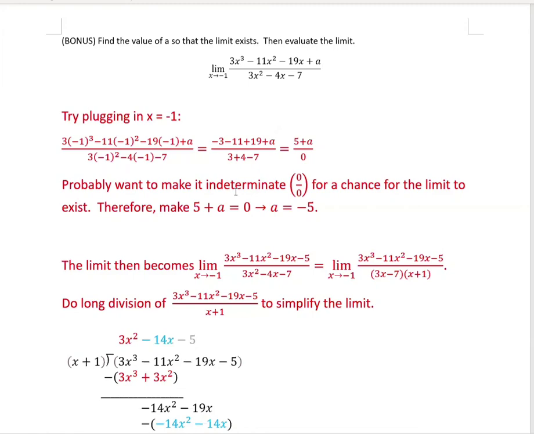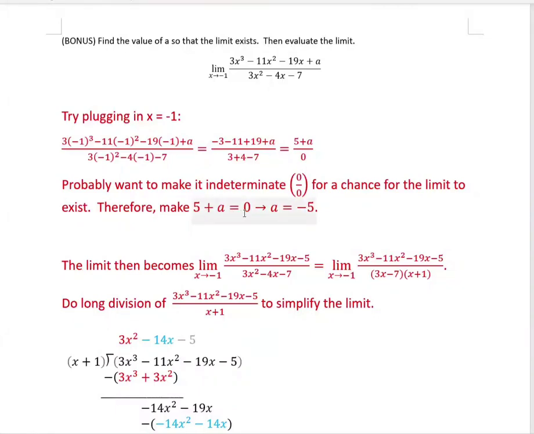So we probably want to make it indeterminate, meaning 0 over 0, for a chance for the limit to exist. Otherwise, if it's some number that's not 0 over 0, then it's positive or negative infinity. Remember that? So that's why we want it to be indeterminate, 0 over 0, for a chance for the limit to exist. Doesn't mean it would, but there's a chance for it to, okay?